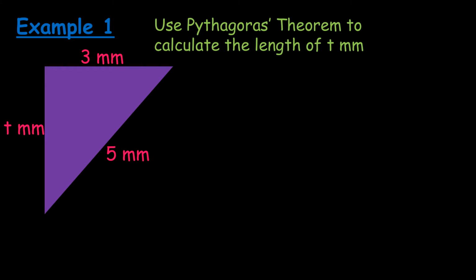So the first example here is asking us to use Pythagoras' theorem to calculate the length of t millimeters. So first step is always, just like what we did before, to label the sides and then copy down our formula. So notice this time, this is the first example we've done where the side C is a length that we actually know.